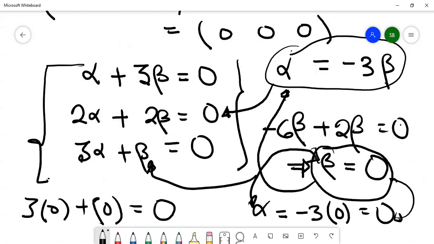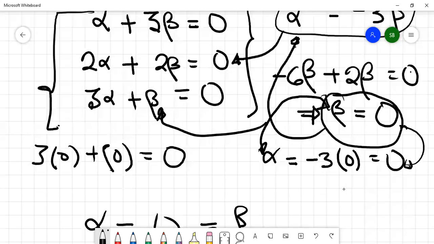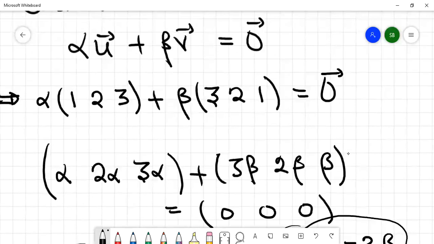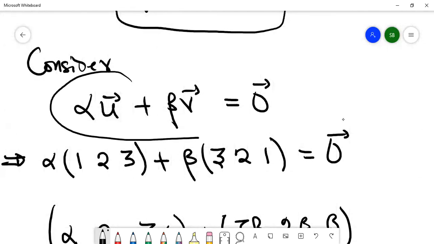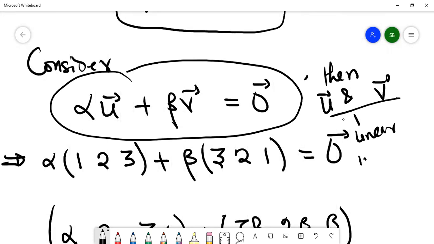So this tells us that the solution we have, which is unique, is alpha equals 0 and beta equals 0. What is the point? The point is that since we have this condition that alpha U plus beta V is equal to 0 only when both are 0, we are sure that U and V are linearly independent.